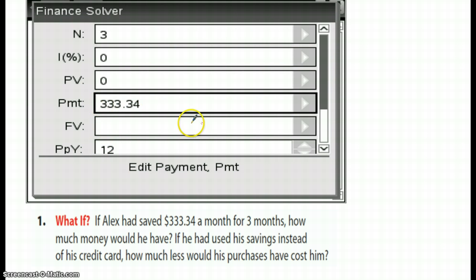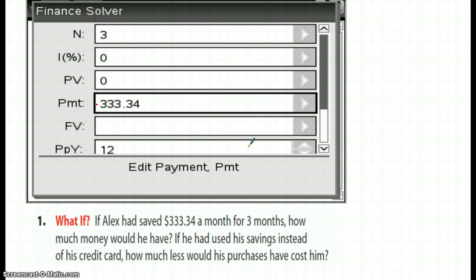Now, I just want to share this with you: we could have made this a negative $334. With these business calculators, they will sometimes create that negative number, but that doesn't necessarily mean that it's actually negative; we just have to be able to manipulate it here.